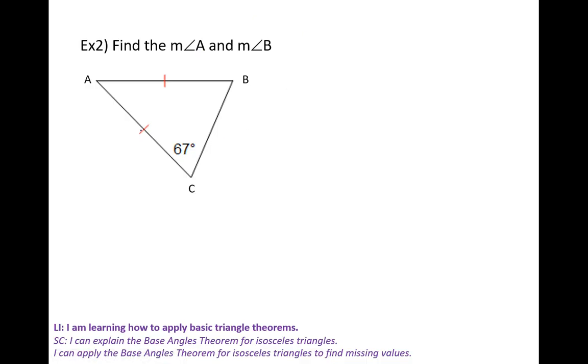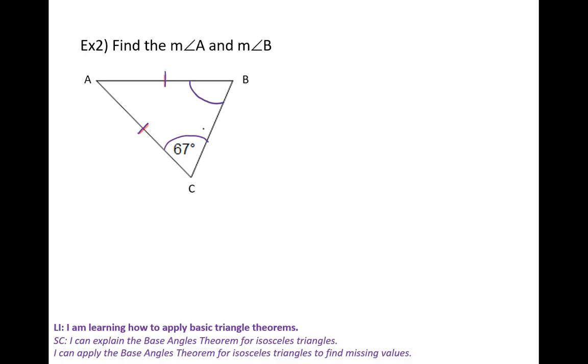So here I see two congruent sides. The first thing I'm going to do is make sure I know which angles are the congruent angles. So is it A and B, B and C, C and A, C and B? You have a couple different sets there that it could be. So I would follow that my congruent sides have to connect to the congruent angles.